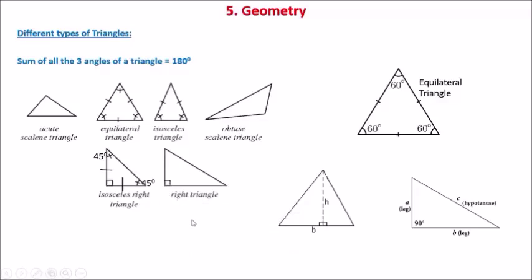That's called a right triangle. Isosceles right triangle means that I've got a right triangle, but the two sides are exactly equal. So the two opposite angles are going to be equal. Since all three angles need to add up to 180 degrees, this is 90 degrees, the other two are 45, okay?